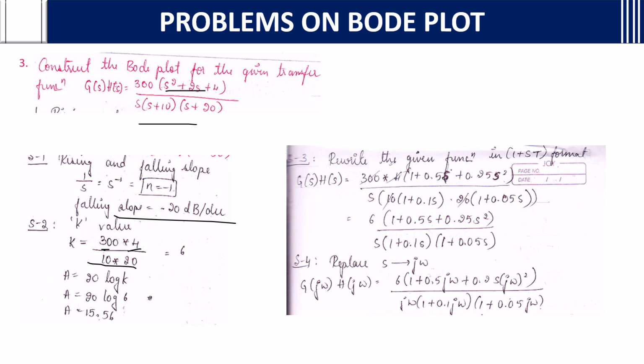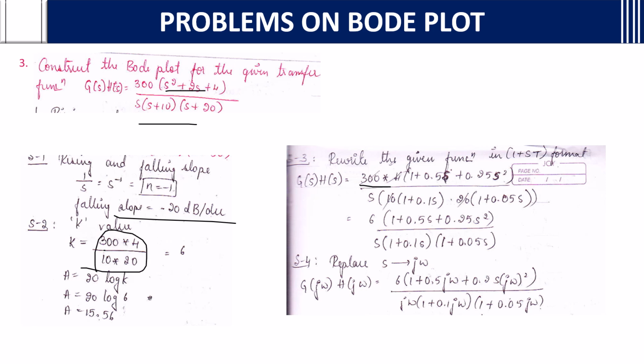What will you get? 6 as the k value. After getting the k value, you can find 20 log, and you will get it as 15.56. Then rewrite the given function in the 1 plus st format. You will do it the same way as here, how you did for finding k.